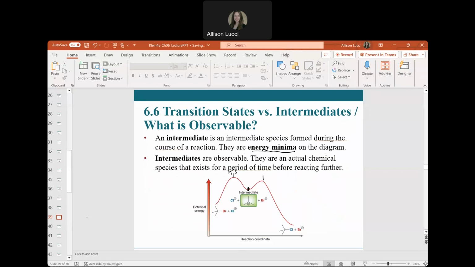And these are actually observable. So that means that we can isolate an intermediate. They are a species that exist for a certain period of time before they hit the next transition state here and then can progress to products at the end here. So these are our products. So again, transition states are not observable, but intermediates are.